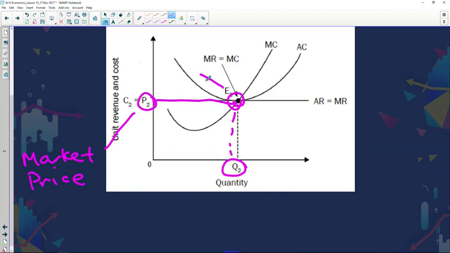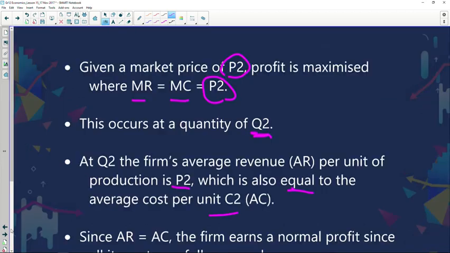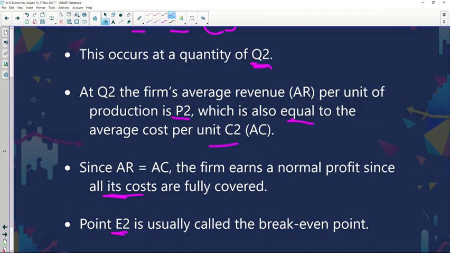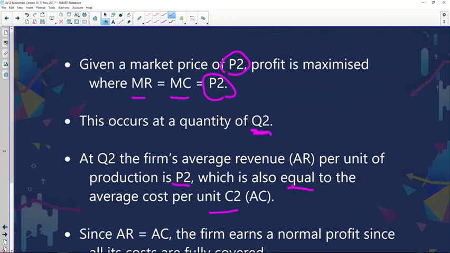So it's important that we note that. Okay, so that sums up what nominal profits are all about. So your AC and your P2 will be equal, and we break even. We are able to cover all our costs, and we haven't incurred any losses in that regard.